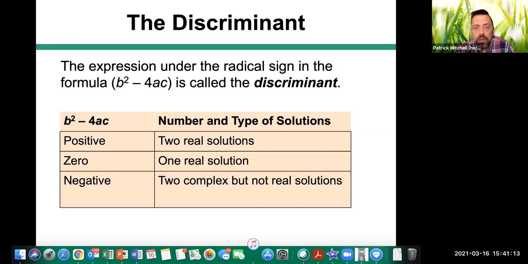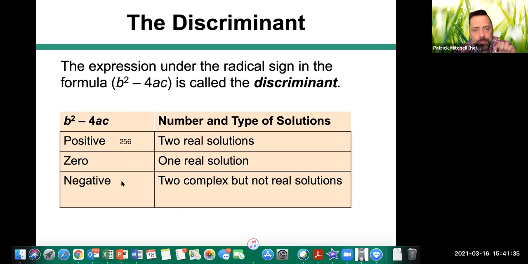All right, so what you've seen with these last 3 examples, because I very carefully chose them, is one example of each type of these. In the first example, the discriminant was 256. And in that example, we had 2 real solutions.